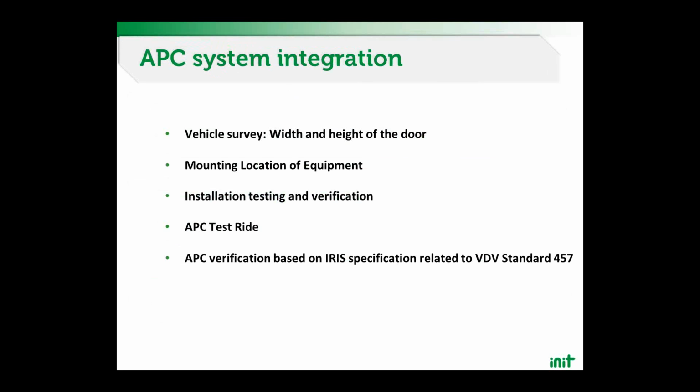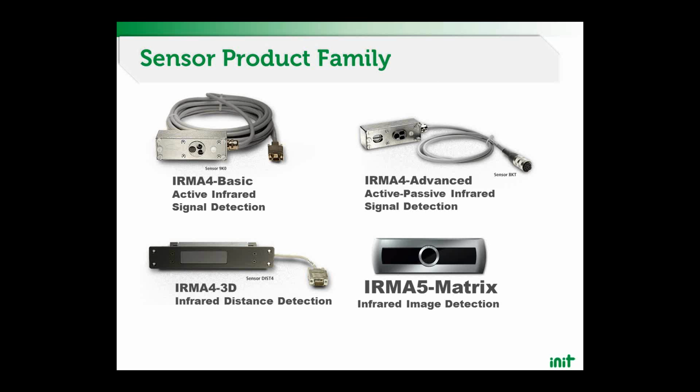The APC verification based on Iris specification is related to the German VDV standard 457. This describes the error accuracy specification, and Iris related that out of Germany, and then when we started our US office in 1999, these specifications were taken over in our installation process.